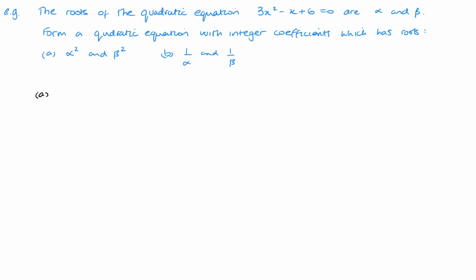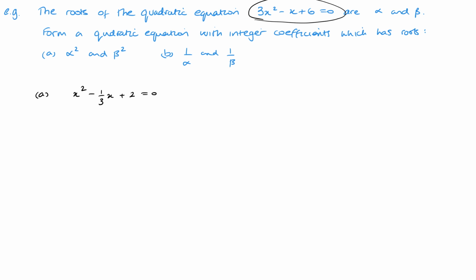The first thing to do is to take our equation and divide by the coefficient of x squared. That's going to give me x squared minus 1/3 x plus 2. All I've done here is take the original and divide through by 3, the coefficient of x squared.